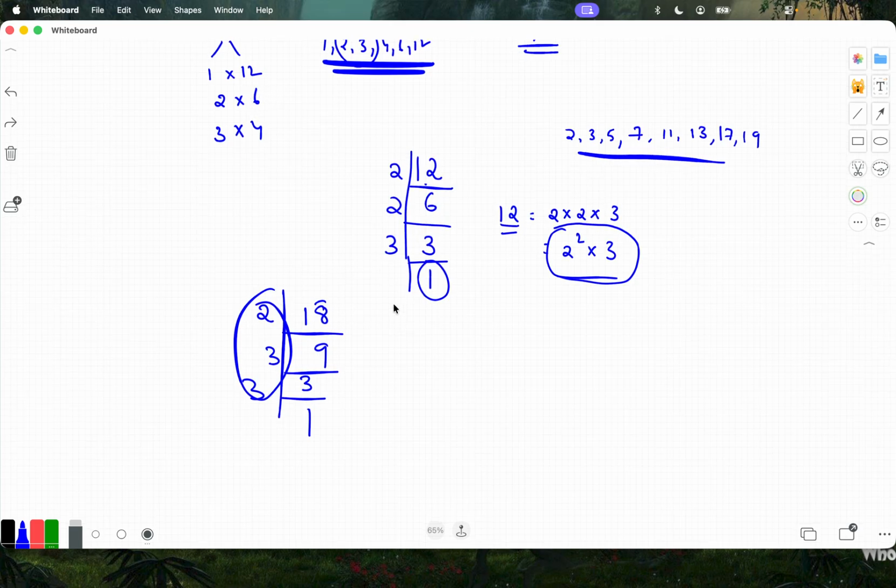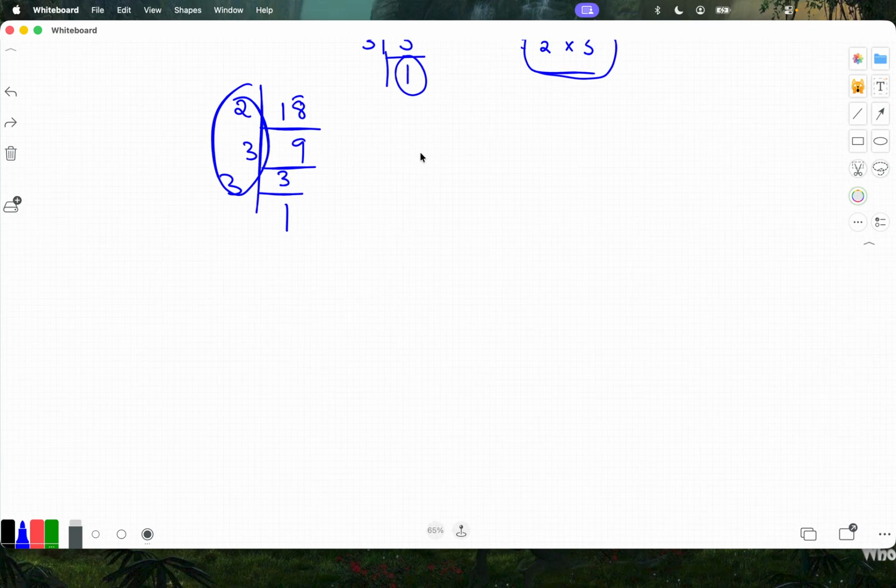I will tell you one more similar method. 18: first choose the smallest prime number, and 2 into 9 will give you 18. So 2 is a prime number. Next shift to the other number. Now the smallest prime number that can divide 9 is 3. 3 into 3.